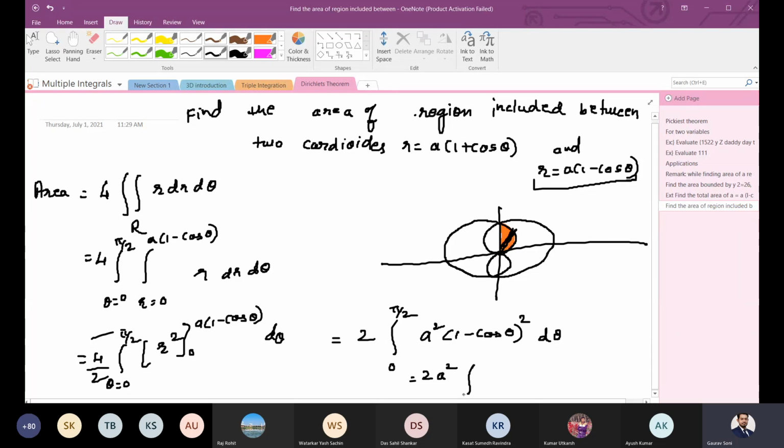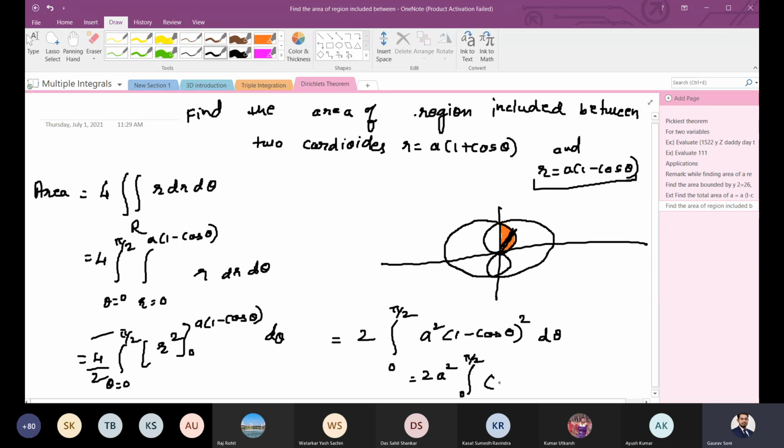Again, this I will solve by some other method. Say I will square it: 1 minus 2 cos theta plus cos square theta d theta. That is one way of solving it. You will have to solve it separately for each and every one of them. The other way is you use your reduction formula here and tell me the answer.